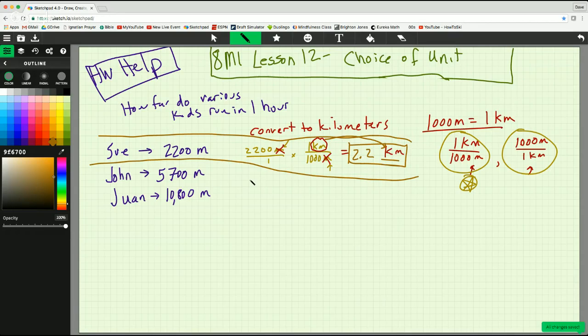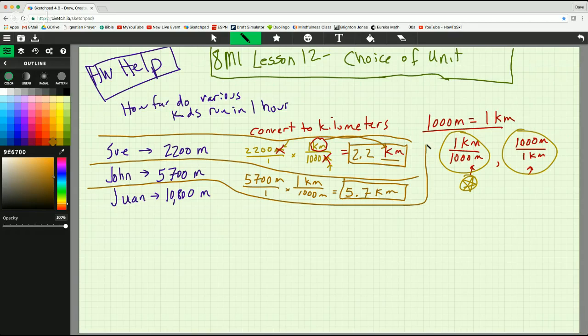Now we're going to look at John. John is 5,700. And we likewise are going to do 1 kilometer over 1,000 meters. And so that's going to be 5.7 kilometers. Now, Juan, on the other hand, it's going to be interesting.